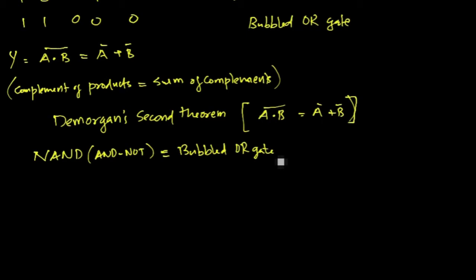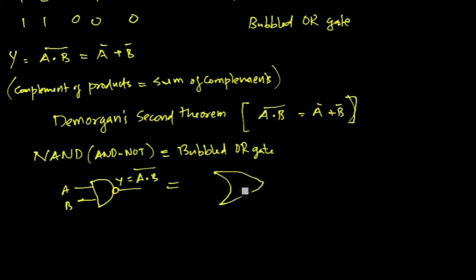When the inverted inputs are given to an OR gate, we get a bubbled OR gate. This can also be symbolically represented as a NAND gate. (A and B) all complement is identical to a bubbled OR gate. This is another way of stating De Morgan's second theorem.